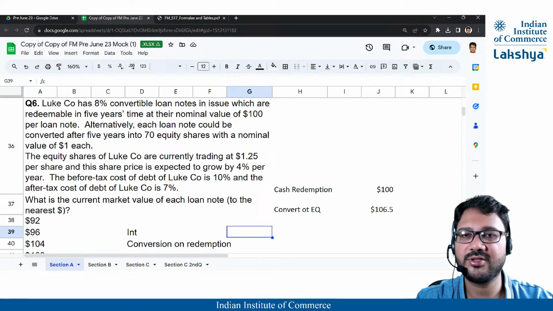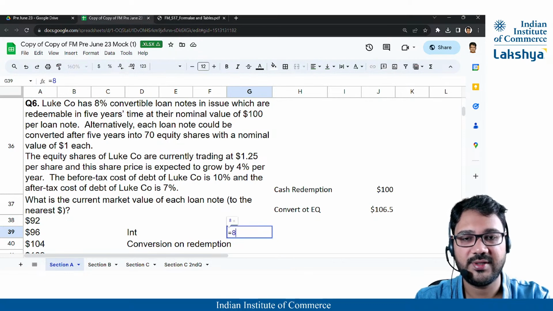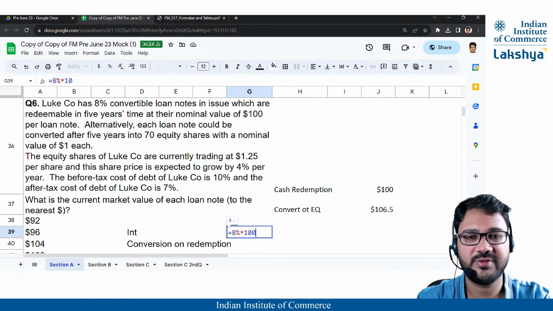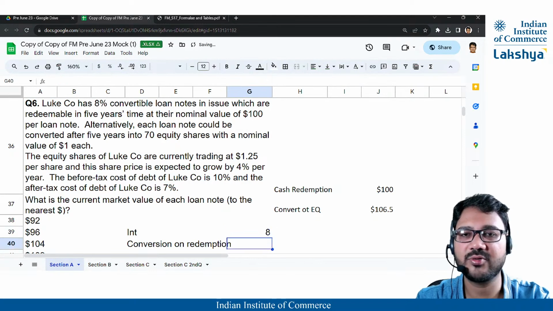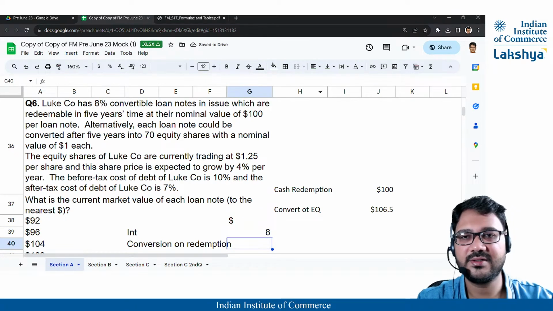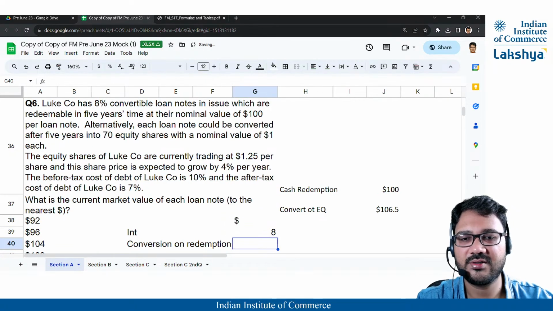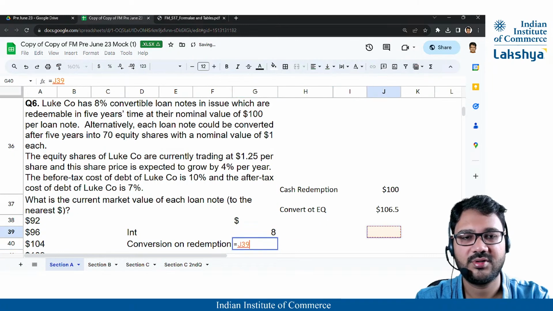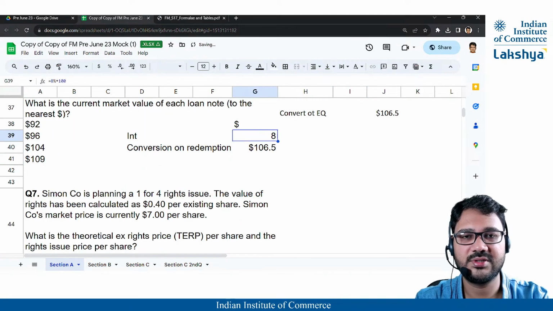It is $8, 8% on a nominal value of 100. I'm just showing it to you, but you can just directly take it as $8. These are all in dollar terms. So $8. And then we have our redemption. Conversion on redemption is this much.